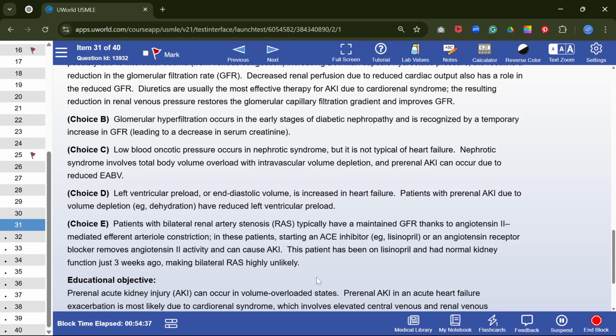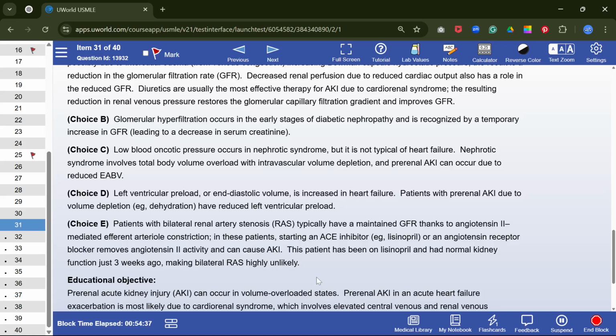So that was your previous day's question. This patient has been on lisinopril and had normal kidney function just 3 weeks ago, making bilateral renal artery stenosis highly unlikely.